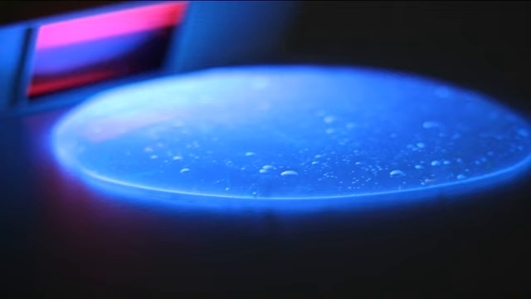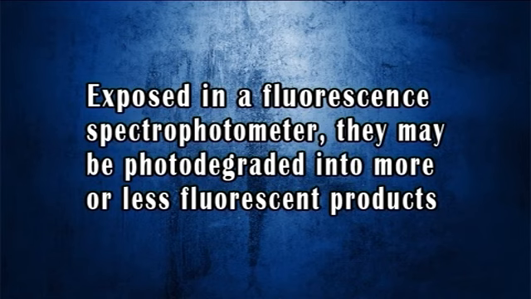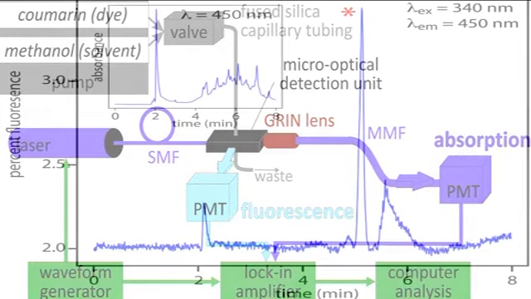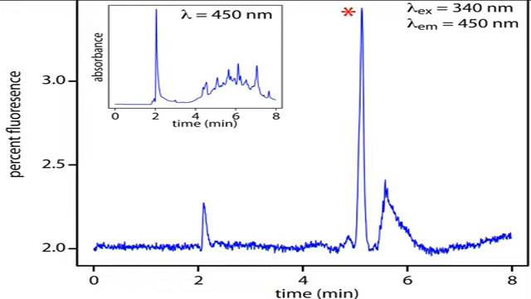Many fluorescent compounds are light sensitive. Exposed in a fluorescence spectrophotometer, they may be photodegraded into more or less fluorescent products. Such effects may be detected by observing the detector response in relation to time and may be reduced by attenuating the light source with filters or screens.